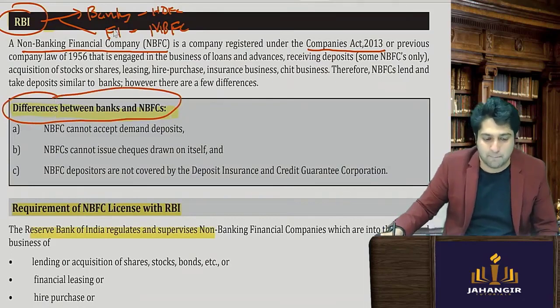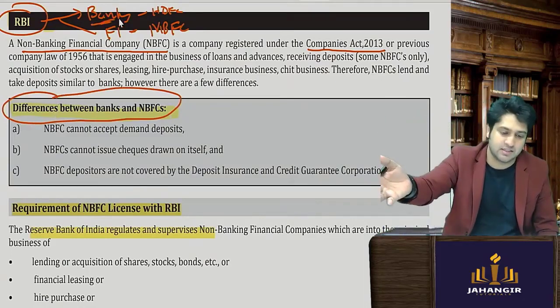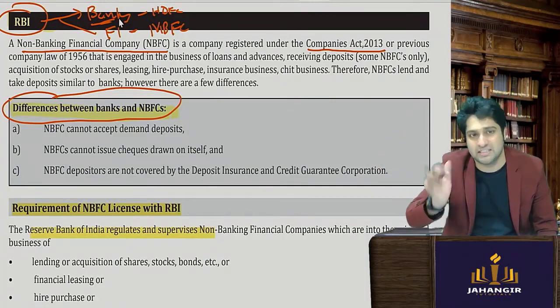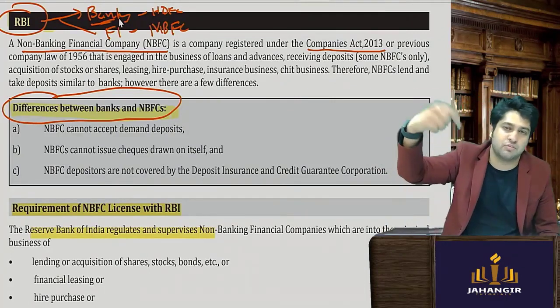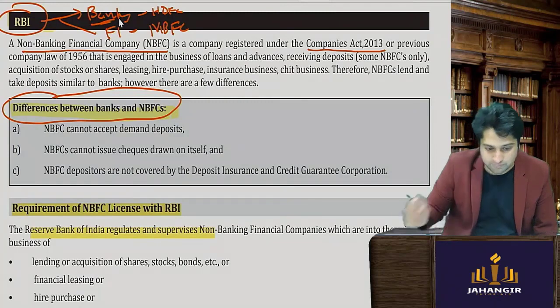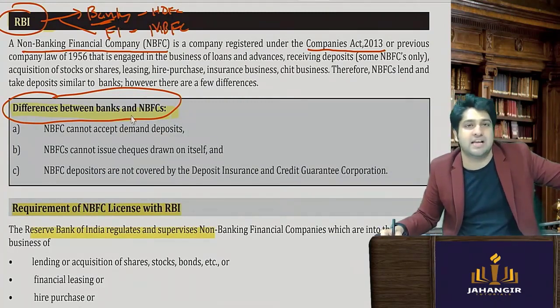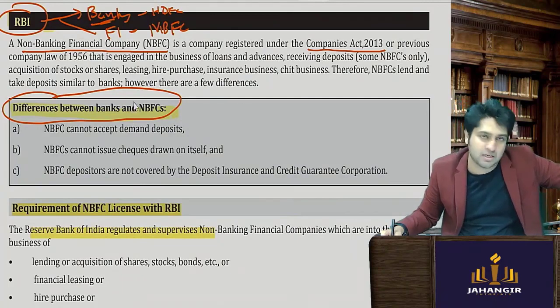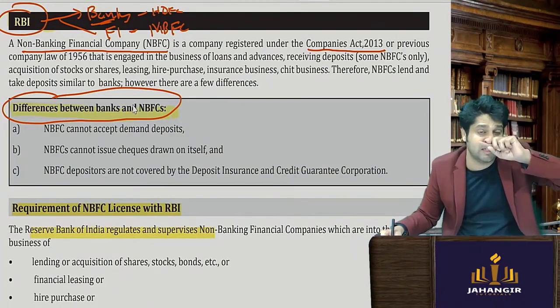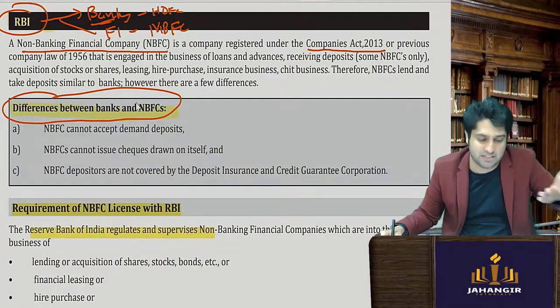Very simple: banks have a banking license. An NBFC doesn't have a banking license. So it is there in one of the chapters also. Banks can accept deposits, give savings accounts, and draw checks, whereas an NBFC cannot.